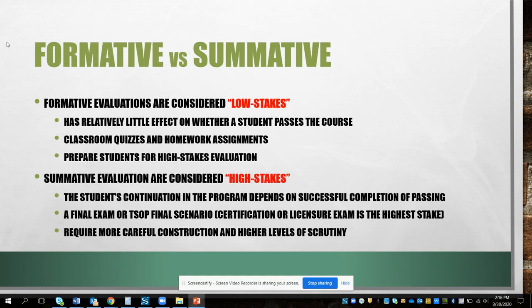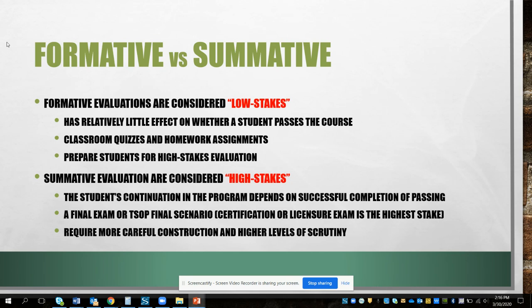Those summative evaluations are considered high stakes, and this is the student's continuation in the program depending on these things. A final exam or a TSAT final scenario is going to be considered high stake. Ultimately, the highest stake is going to be your certification or licensure exam, and that's ultimately what we're all gearing up for, whether that's state or national registry.